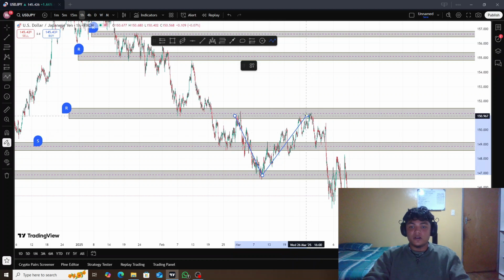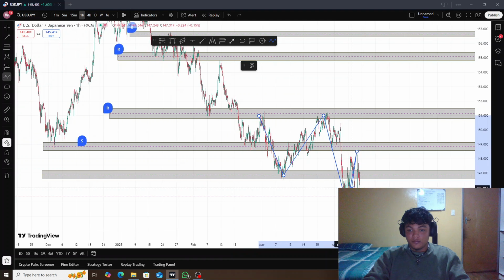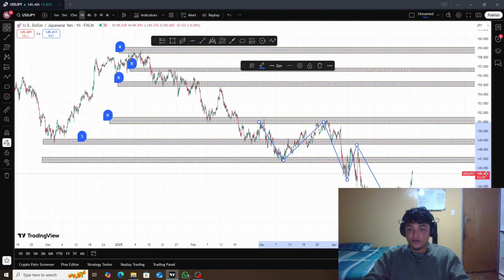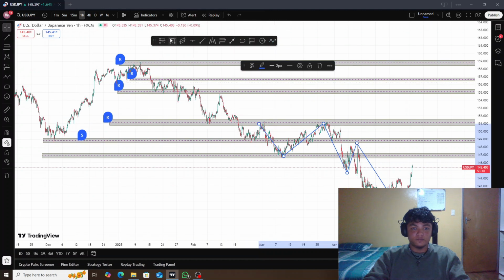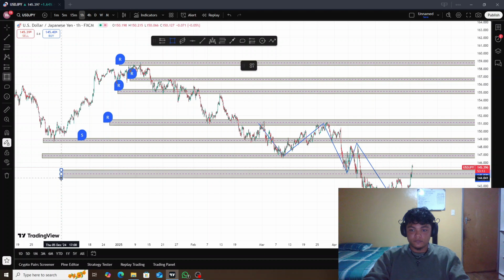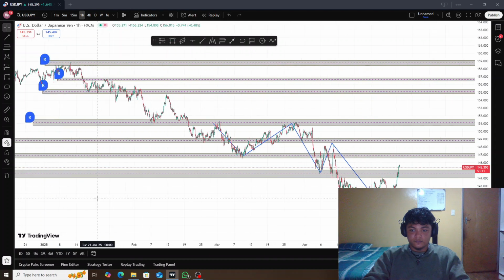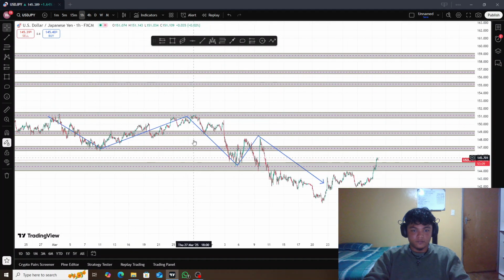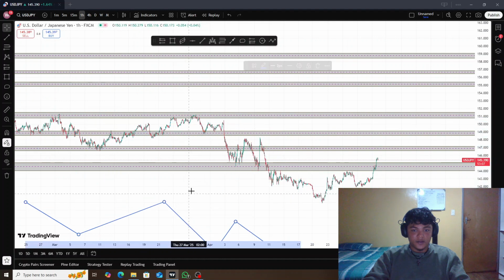So now the market from the resistance, it broke the support up until here. It came back to retest the support. It broke the new support, which would have been over here. If I can just remove this.